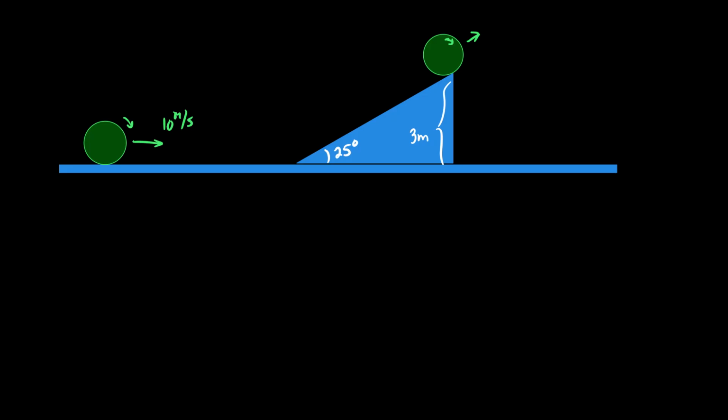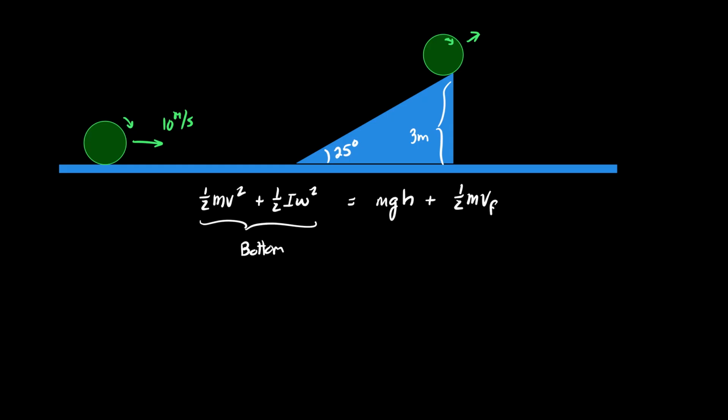So with that set of assumptions, I'd start with 1/2 mv squared plus 1/2 I omega squared at the bottom of the ramp. That has to equal mgh, because it's clearly above the reference level, plus 1/2 m v final squared plus 1/2 I omega final squared.